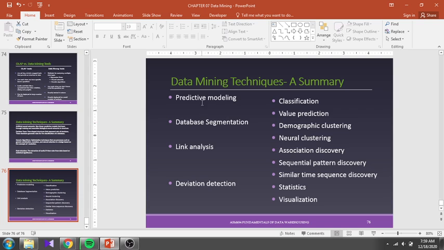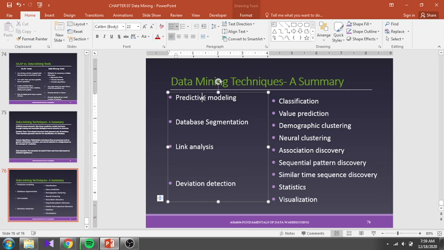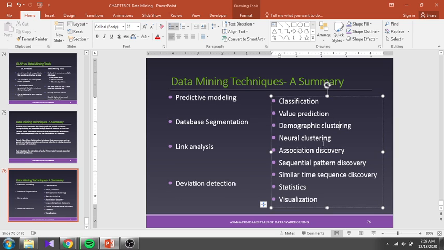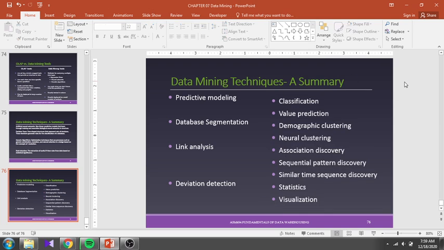Okay, and the last one is about the data mining techniques: predictive modeling, database segmentation, link analysis, deviation detection. So we got all these things that we have covered just now.